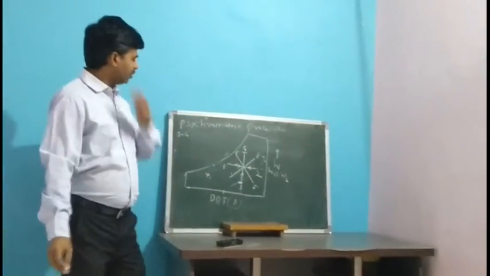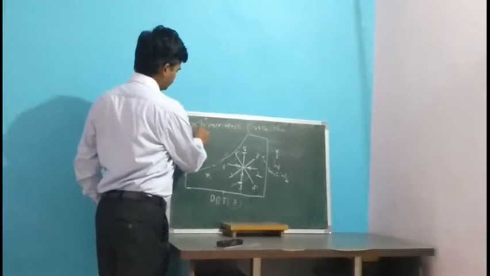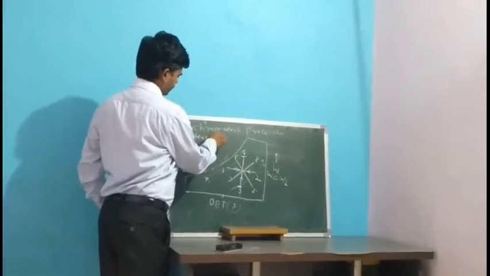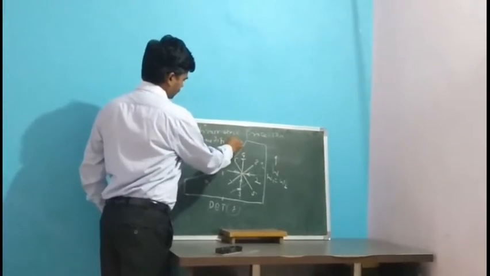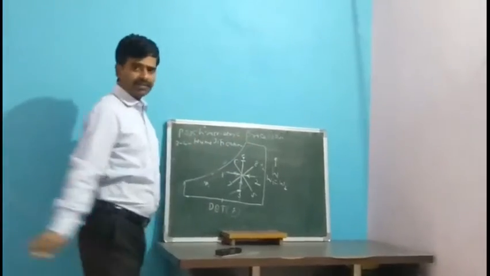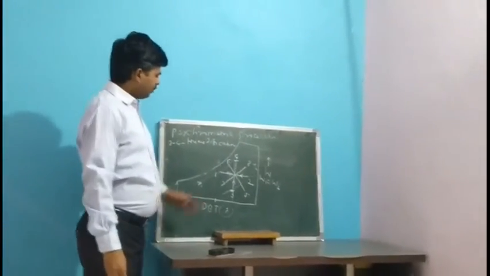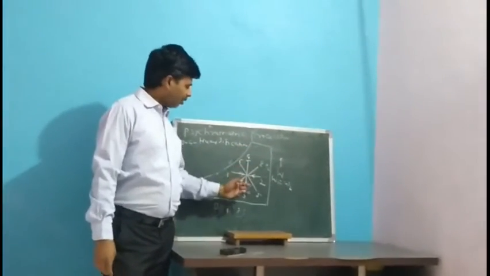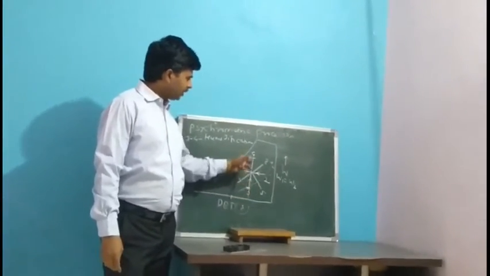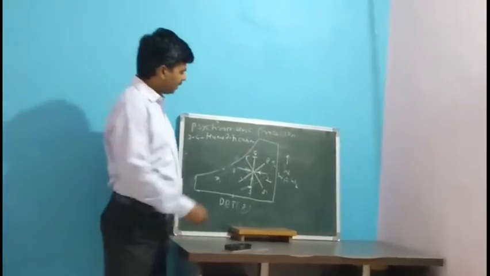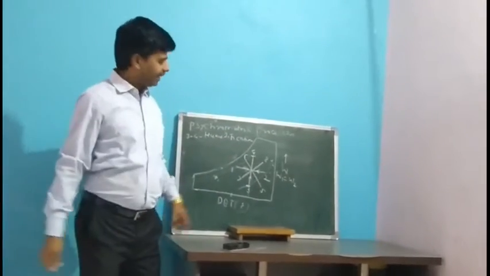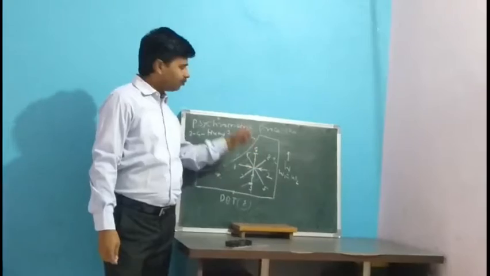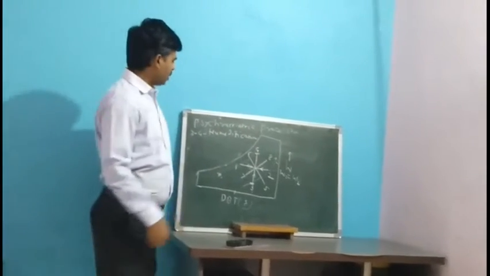So this process 3 to 4 is known as humidification. In the humidification process, the specific humidity is increasing from W3 to W4, and the relative humidity is also increasing from phi3 to phi4.